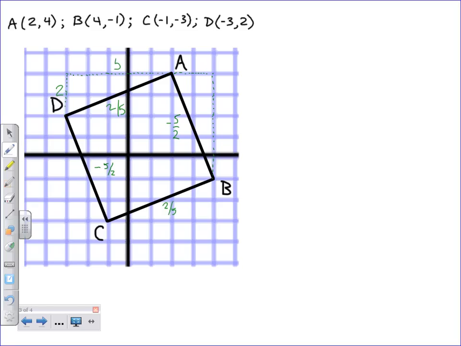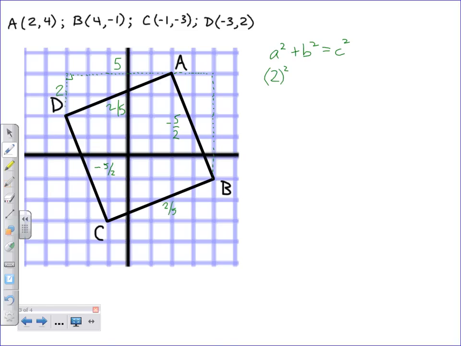And here is our right triangle. One leg is 2, one leg is 5. The hypotenuse would be AD, the side we're trying to find. So a squared plus b squared equals c squared, the Pythagorean theorem.